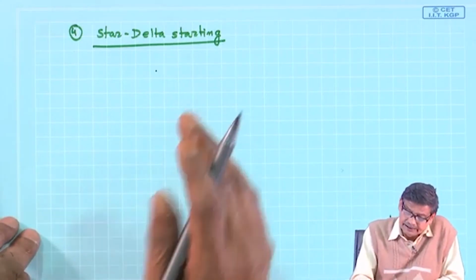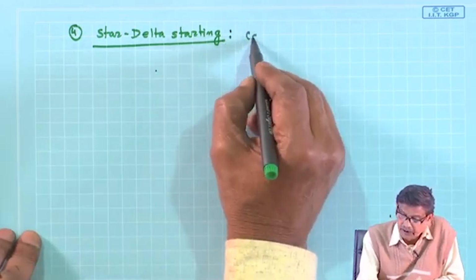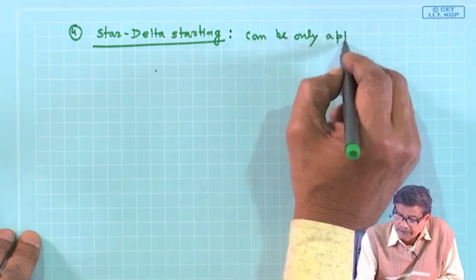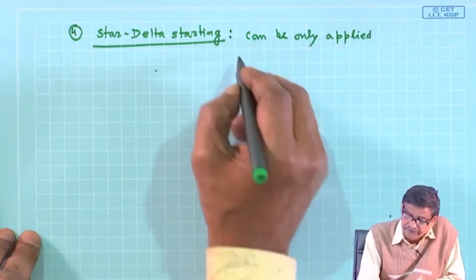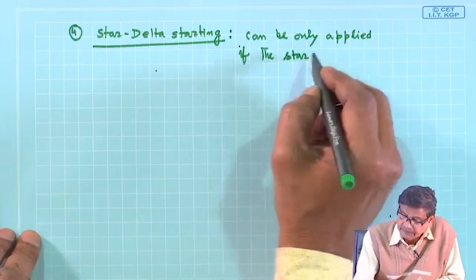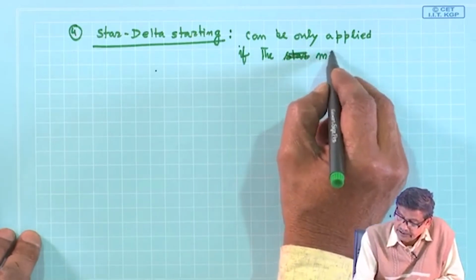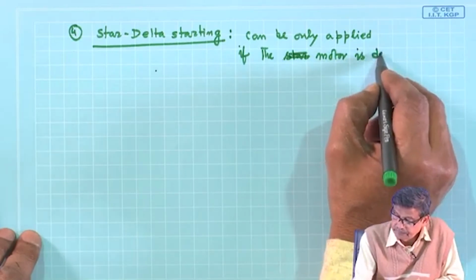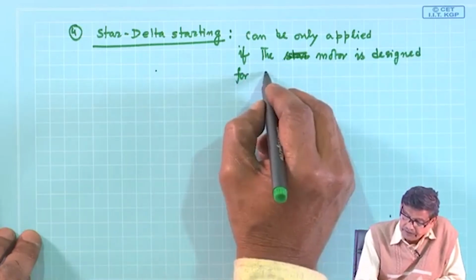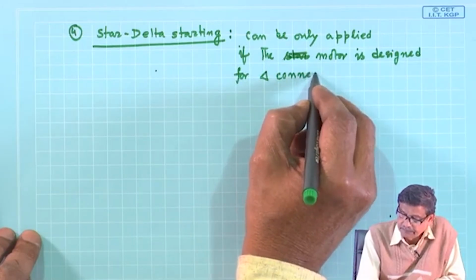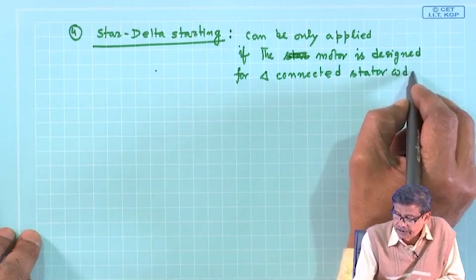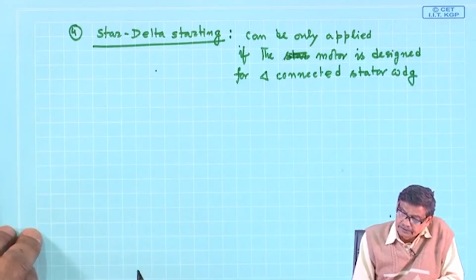In this case, and this you now note down, it can be only applied if the motor is designed for delta connected stator winding for normal operation.